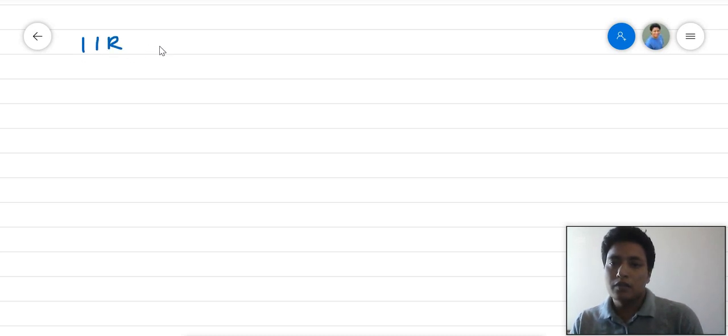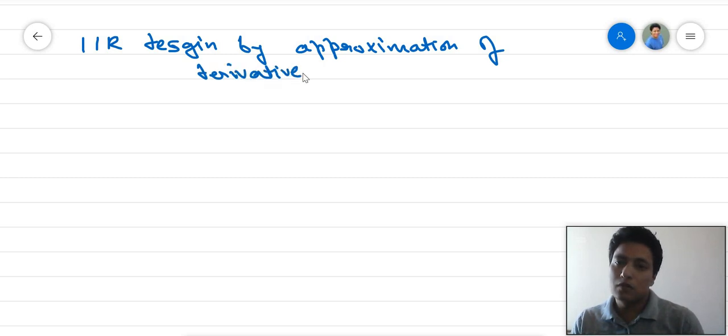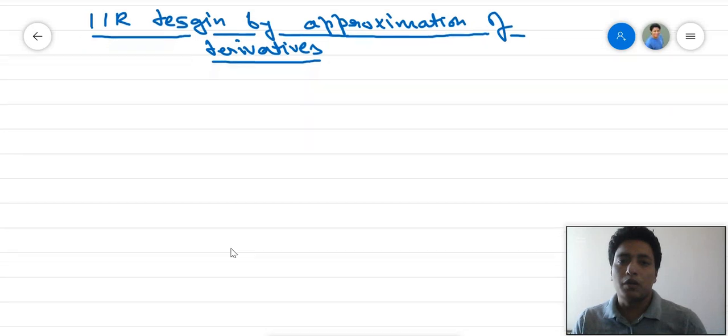IIR design by approximation of derivatives. This particular relation we have seen in our previous lecture between input and output in the time domain.